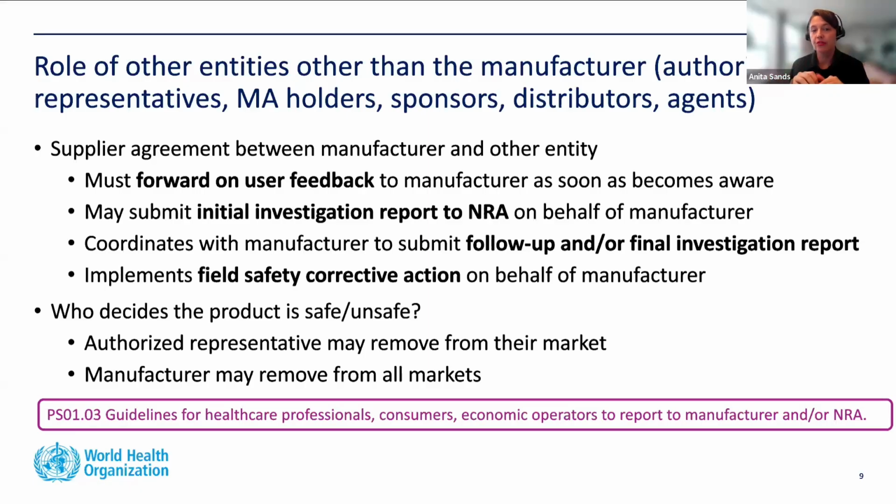Because if the local representative is receiving information about the product, they must forward it on to the legal manufacturer. And as you can imagine, a local authorized representative has commercial interests. It may not always be in their best interest to forward that information on. So you must legally oblige them to.